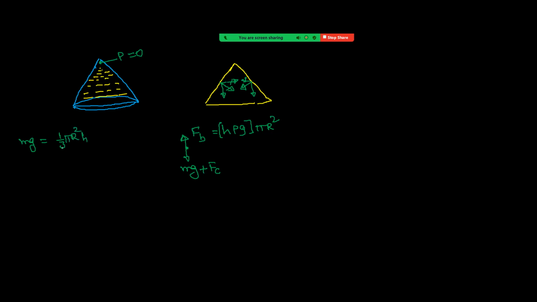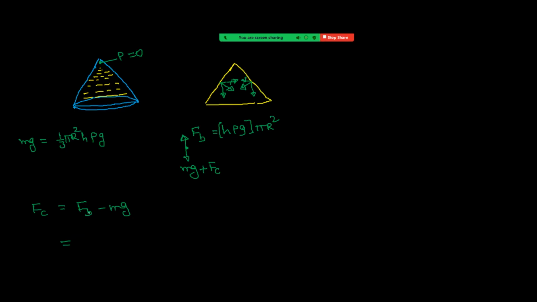Volume of liquid into density is the mass of liquid, into g, that is the weight of the liquid. Now from this we can find the force by curved surface of the cone. So Fc is equal to Fb minus weight of the liquid.